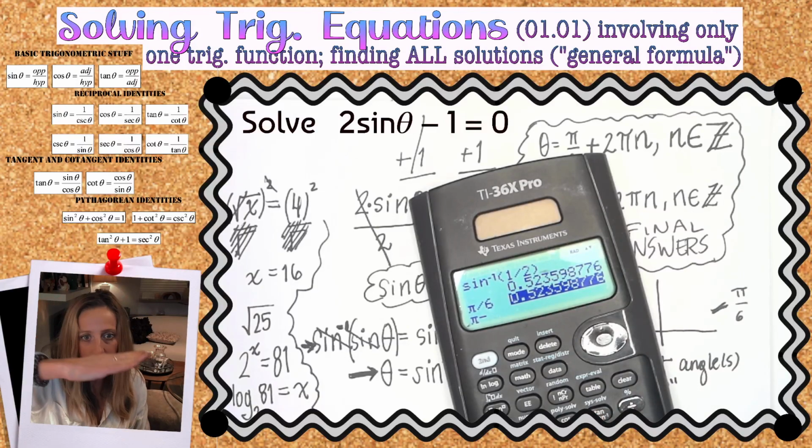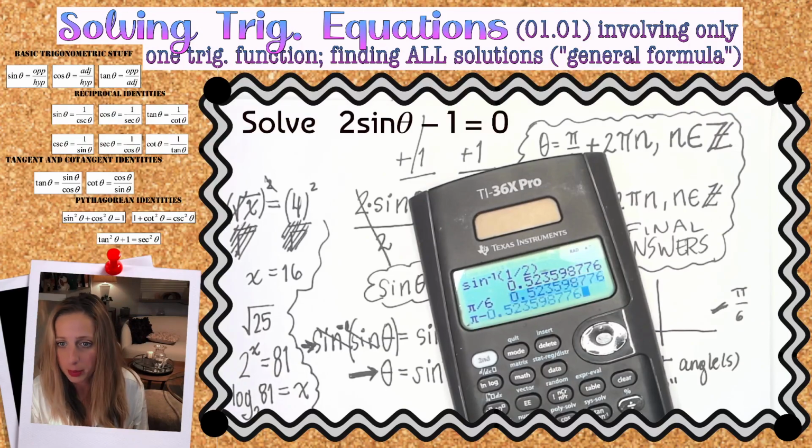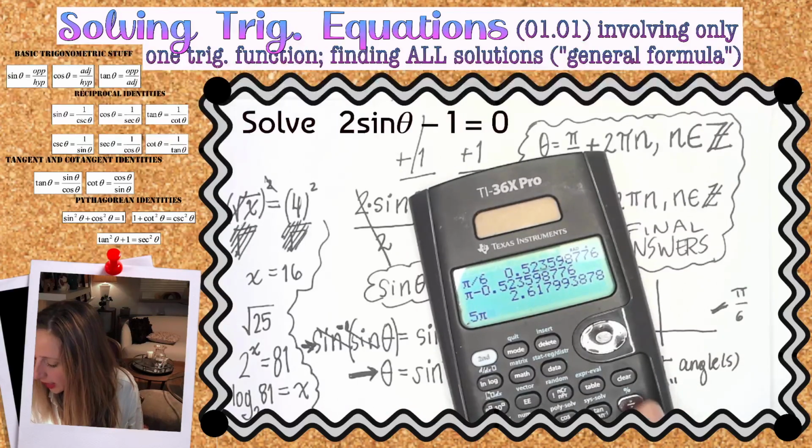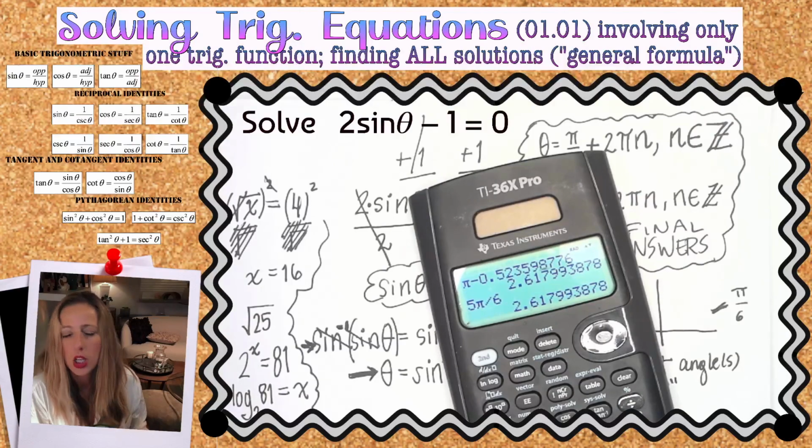And it's going to get me at that pi and scooch up pi over 6 or 0.5 blah, blah, blah. So if I subtract, I get this bad boy. Guess who that is? Let's double check. 5 pi divided by 6. Enter. There you go. So that's a little sneak peek at calculator knowledge.